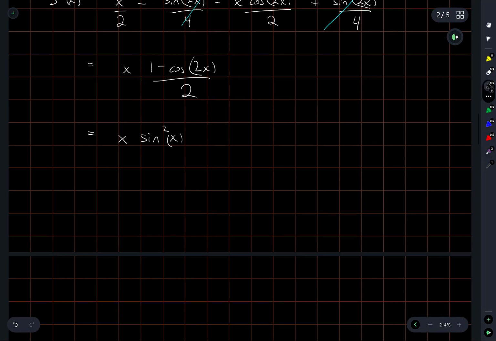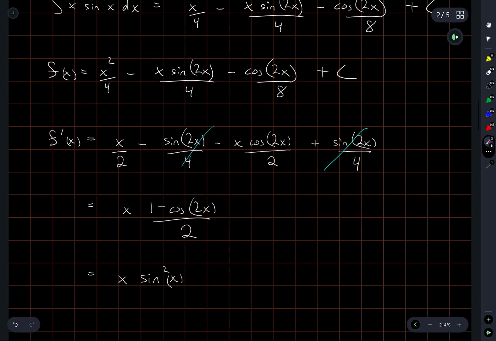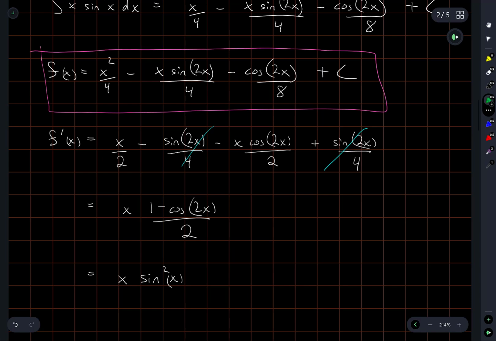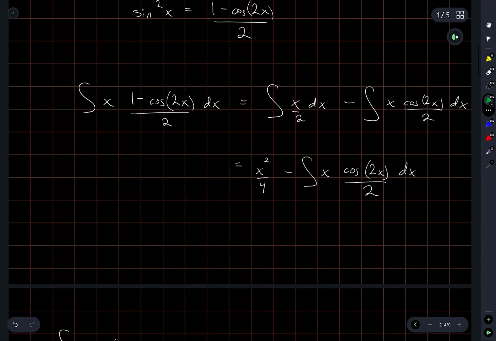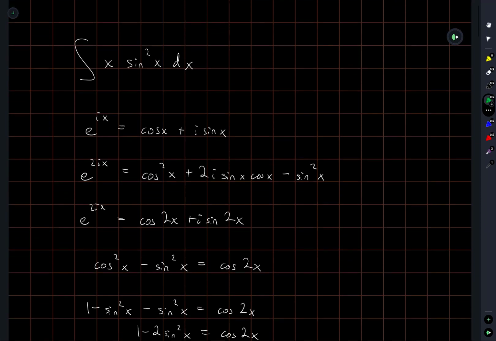So yeah, we take a derivative of our conjectured answer, we get back the original function we're trying to integrate. That shows that this is correct. Pretty straightforward overall. Recognizing right away that integration by parts would work, but then realizing that applying integration by parts directly to this would be a little bit messy.